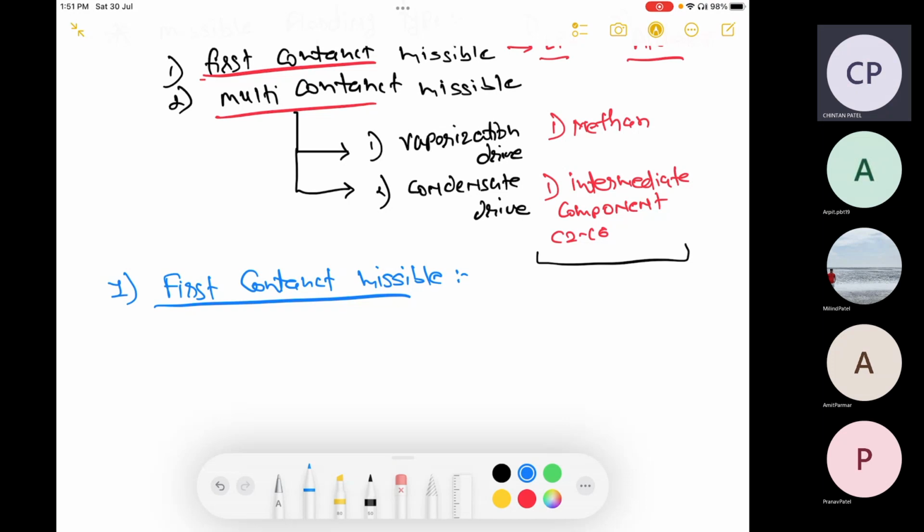Yes, okay, so it's correct. Like I already told you, one rule regarding miscibility: components which are similar in nature, meaning similar in properties, have a higher tendency to be miscible with each other.